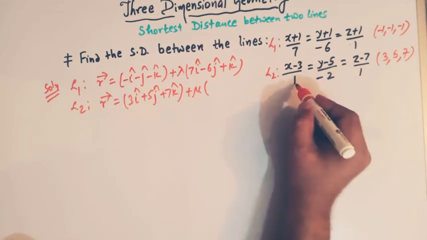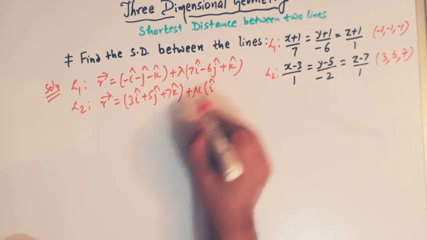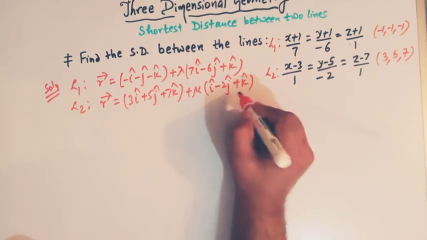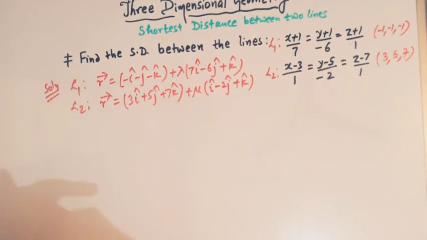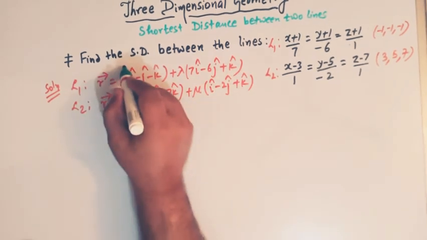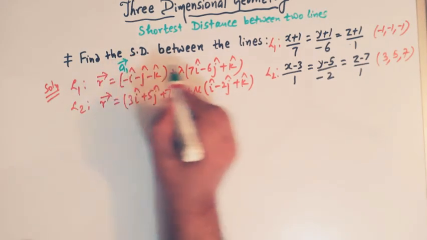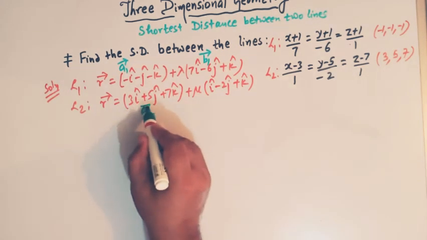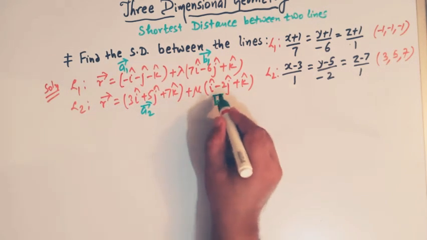This line is parallel to the vector i cap minus 2 j cap plus k cap, right? Now viewers, here we have converted these two Cartesian equations into vector form. So this is now vector a1, this is vector b1, this is vector a2, and this is vector b2.